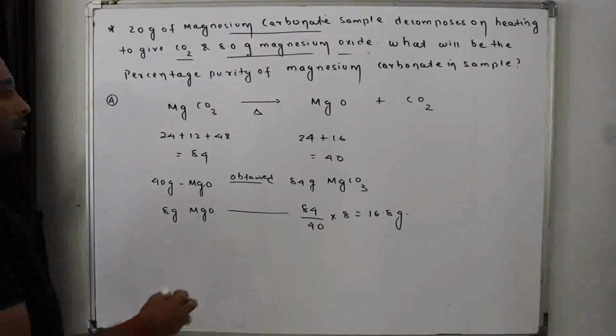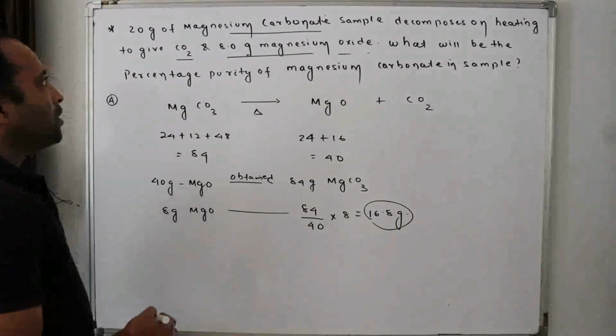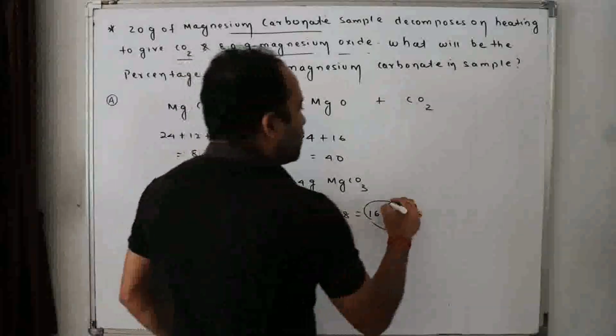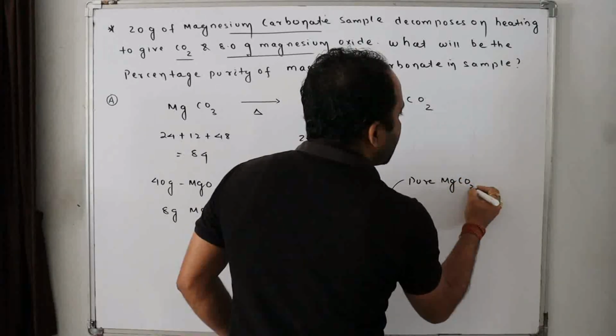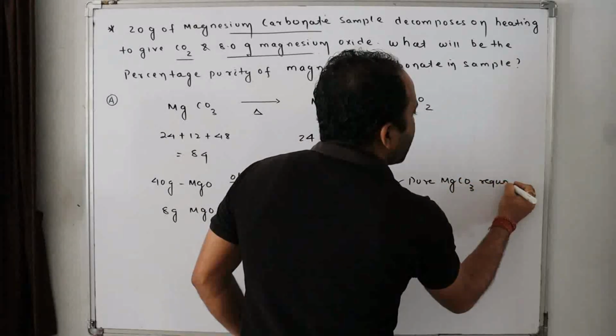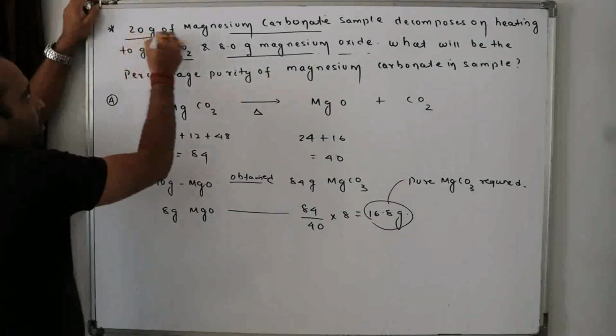That means this is the pure magnesium carbonate required. But we have taken how much? 20 gram of magnesium carbonate. This is the impure value.